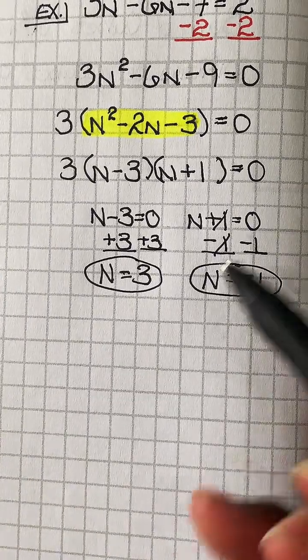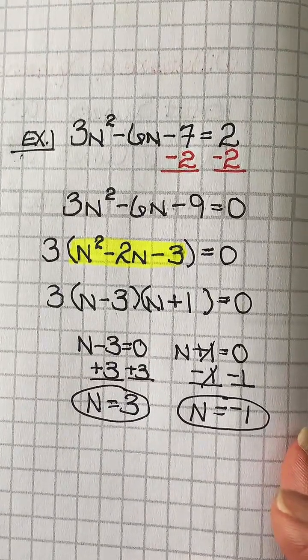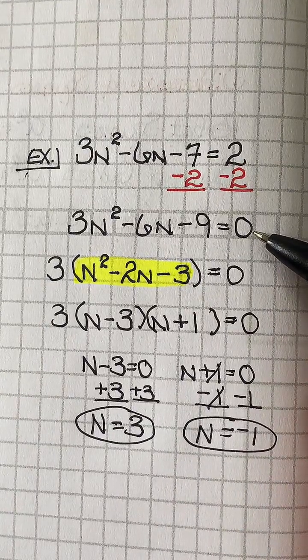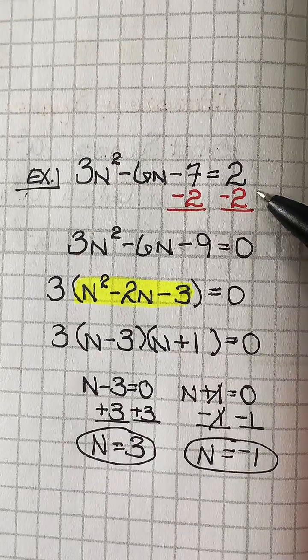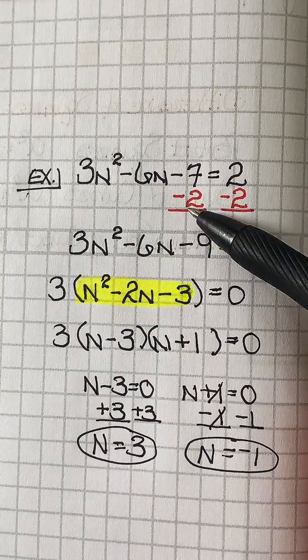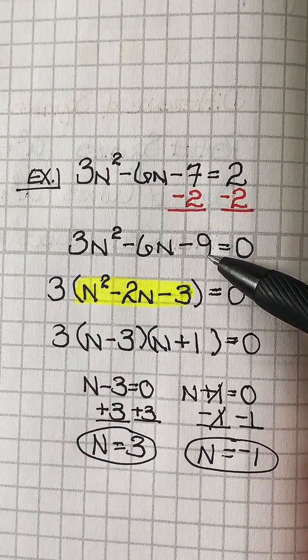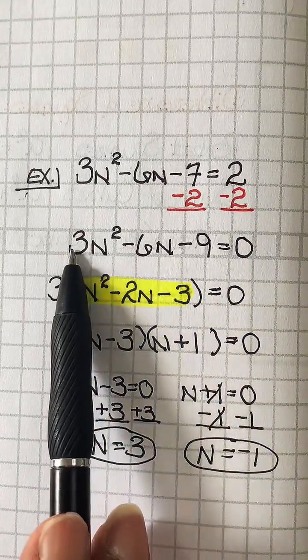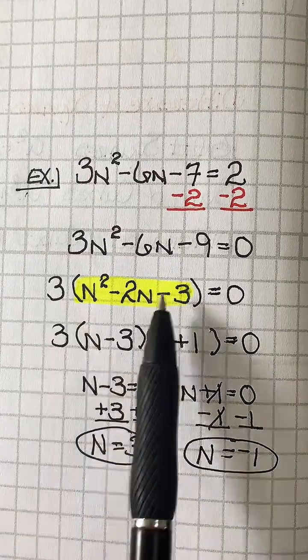Okay. So the only thing that we had to do extra for this one is we had to set it equal to 0. In order for us to do that, we subtract the 2 on both sides with the constant, okay? Then we check to see if we had a GCF, which we did, which was 3.